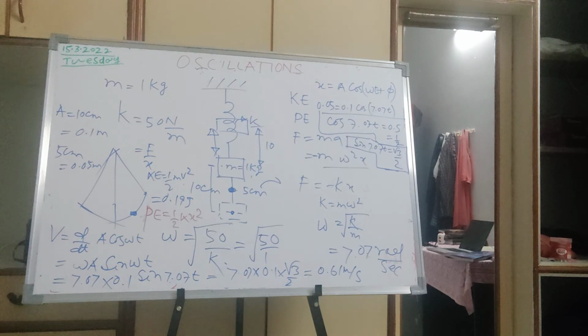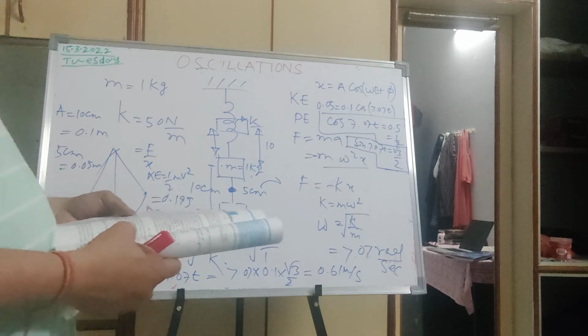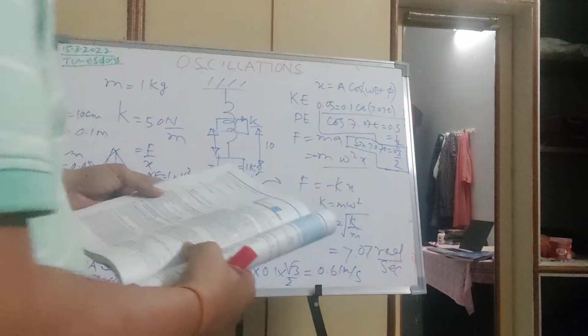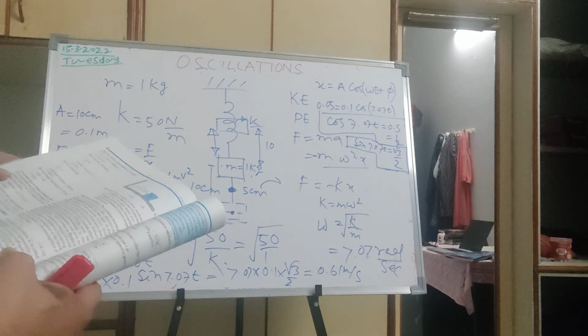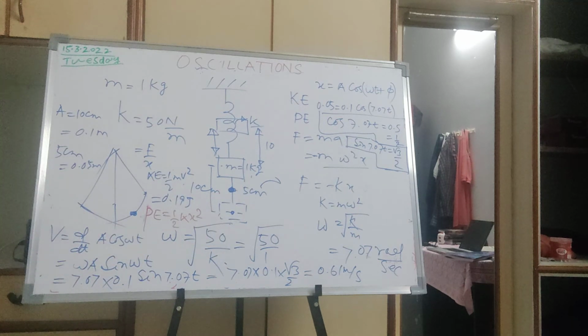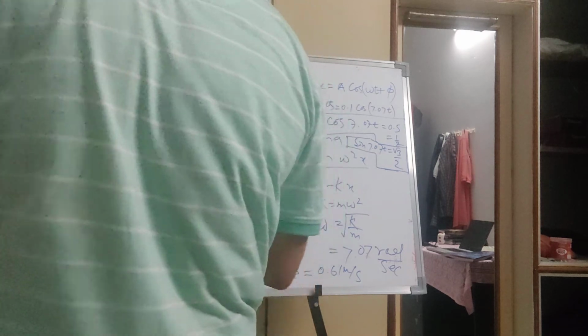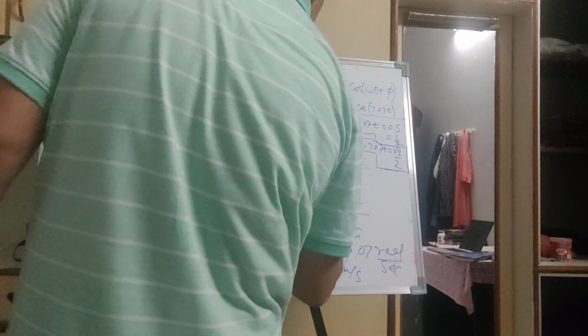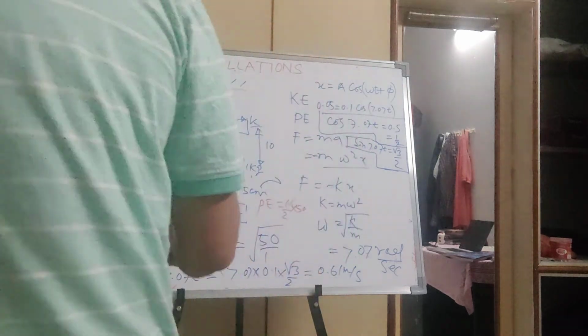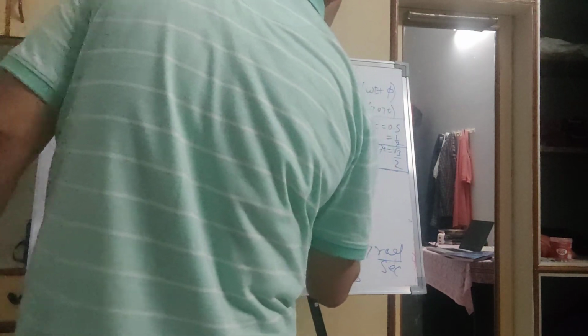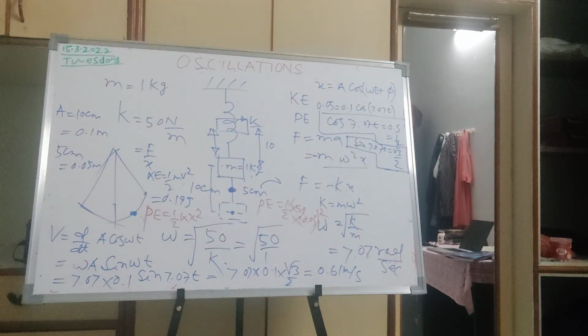We know the value of k is 50, and x is 5 centimeter, 0.05. So the potential energy is half into 50 Newton per meter into 0.05 squared. If you replace everything, you will find it to be 0.0625 joule.